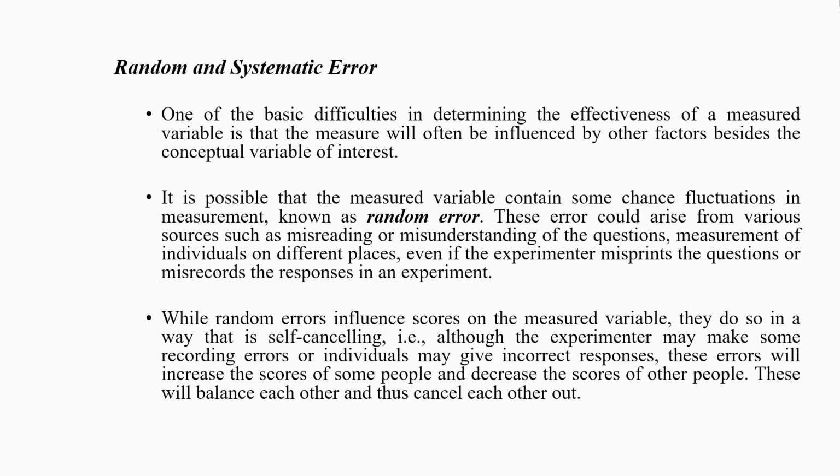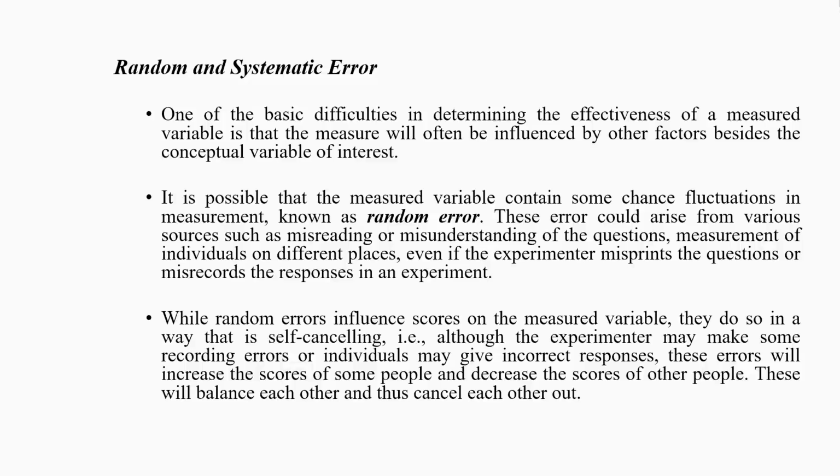It is also possible that the experimenter has misprinted the question, or in a behavioral experiment has misrecorded the responses. Sometimes students miscode, a line is missing, the responses are not getting recorded, or some number, maybe 5 seconds, 10 seconds, is getting added because of the response measurement devices and so on. So, there can be any number of sources that can bring random error into our measurements.